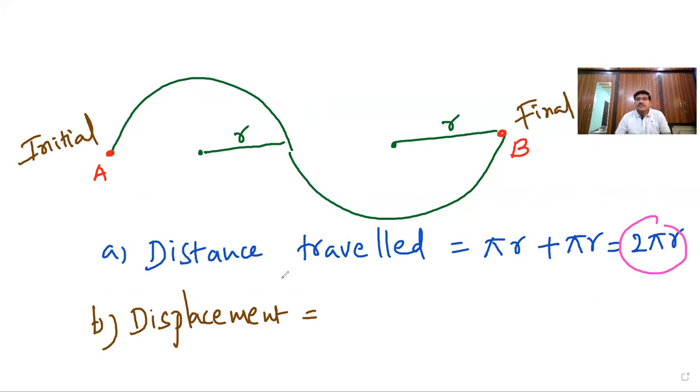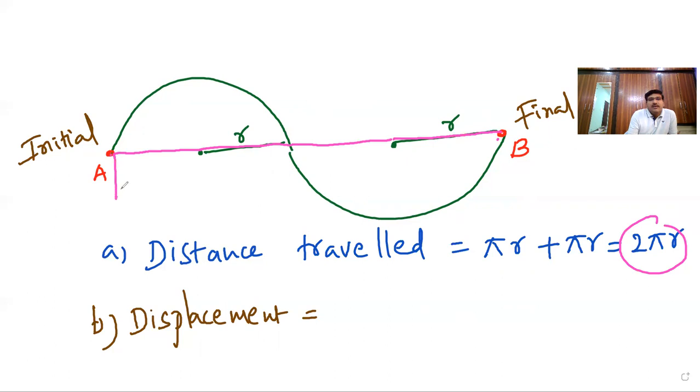In the previous class, we studied that it is the shortest distance between the initial and final positions, in other words, the length of the straight line joining the initial and final positions.